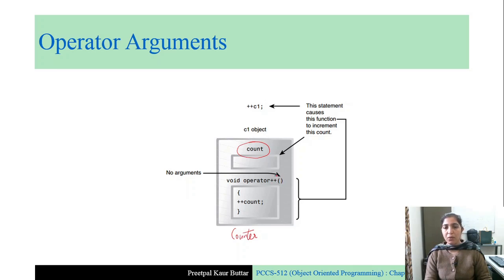We have overloaded this plus plus operator by incrementing the count, okay. So when we have this statement in the main function, plus plus c1, this statement causes this function to be operated, okay.